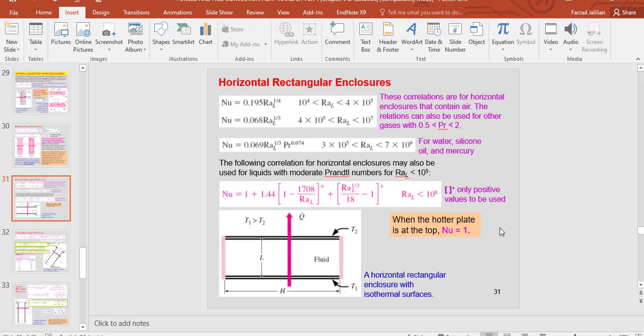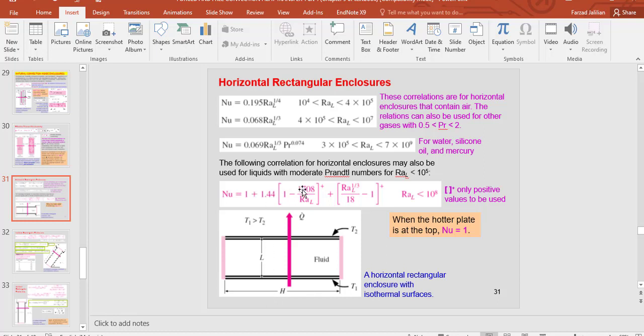So as you can see here, you should check this condition. You should calculate the Rayleigh number. You should find the Prandtl number for that specific fluid, liquid or gas. Then find the appropriate equation to calculate this Nusselt number for the enclosure with these characteristics.